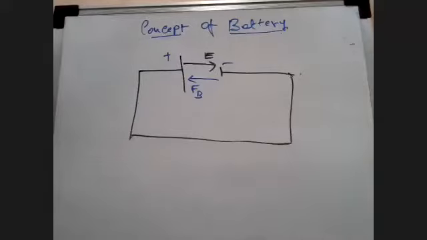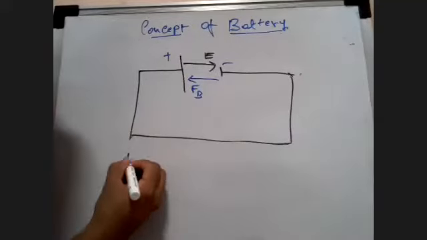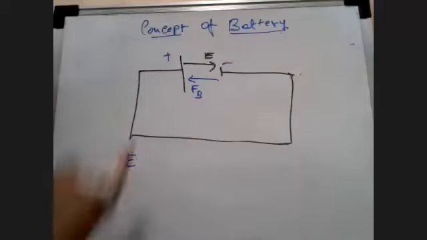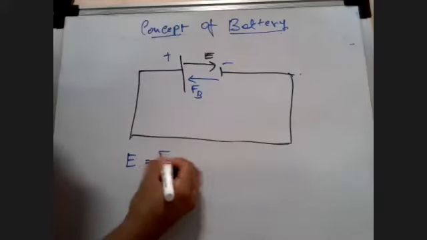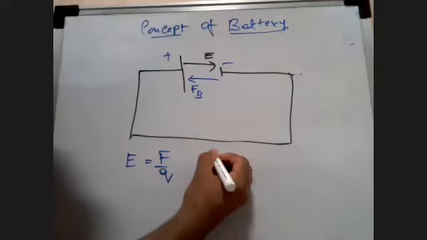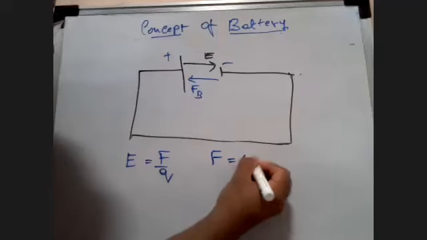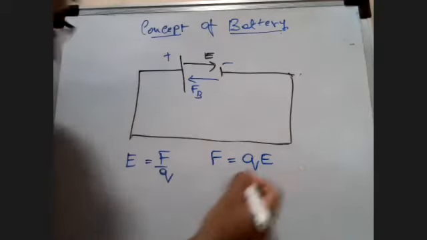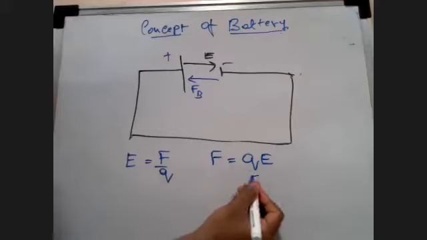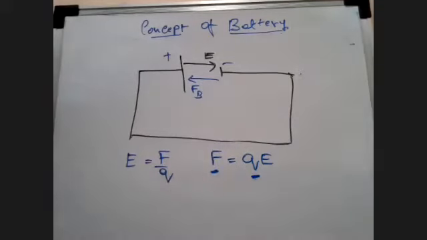We know that the electric field E, which I have not shown here, and of course it is in the direction of the electric field for now, so E is equal to F by Q. And so electrostatic force F will be Q times E. Won't this reduce? If the charge is reducing on these plates, will the force reduce?